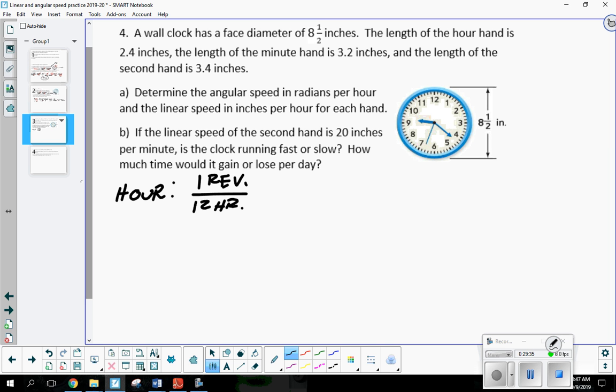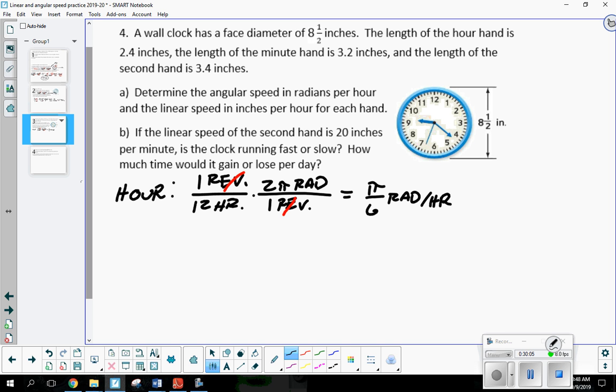How many people got that? Good. Now what would I do? Multiply by that consistent fraction, 2 pi radians in one revolution. So the revolutions are gone, and this is in radians per hour. We can simplify: 2 pi over 12, so pi over 6 radians per hour.